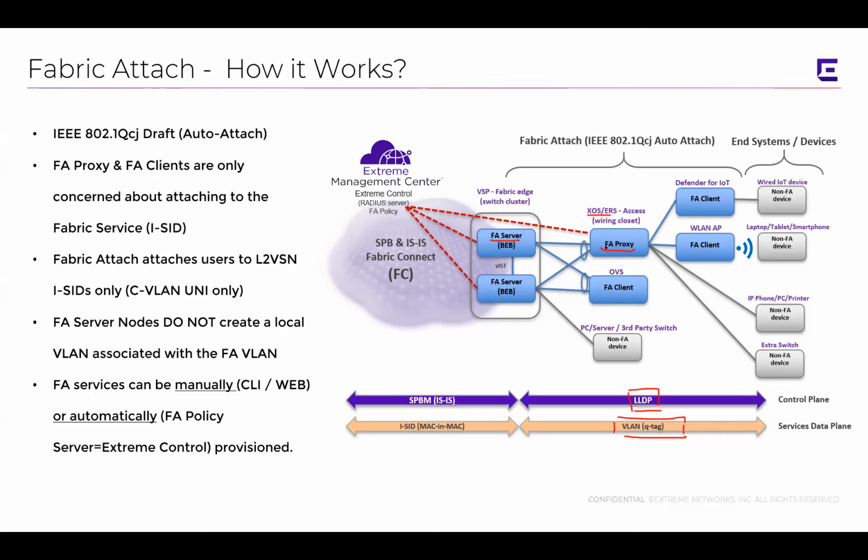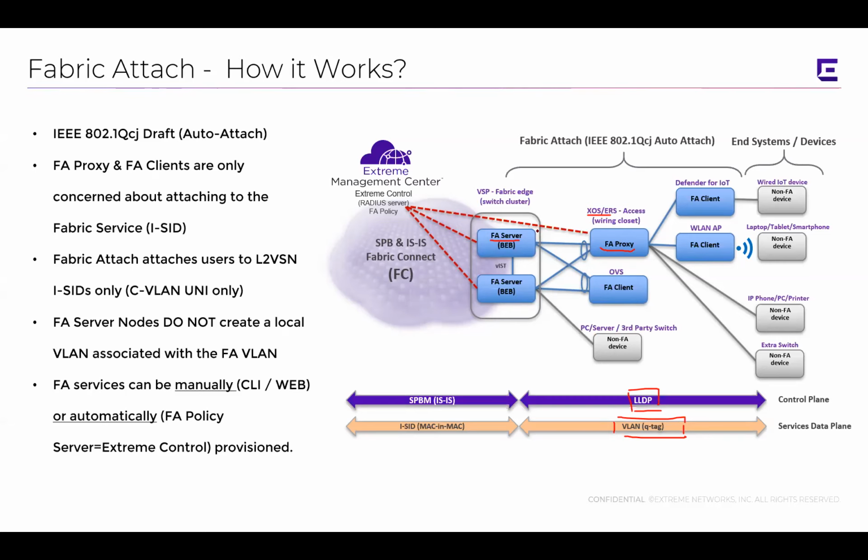So what happens when I attach a Fabric Attach proxy, or an access layer switch, to an FA server, or to an SPB node? Assuming that I'm just taking it out of the box without any configuration, I just attach the switch to the SPB node.